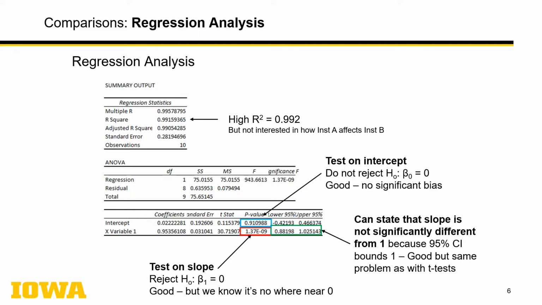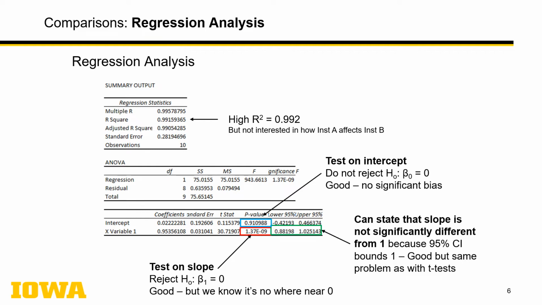Lastly, you can look at the intercept, and in this case, you do not reject the null either. Here is a p-value of 0.9, which again can be considered a good thing, that there's no significant bias. You can't distinguish the intercept from 0 statistically, and therefore you could state that there is no bias. So this is not again a total reject of a methodology.